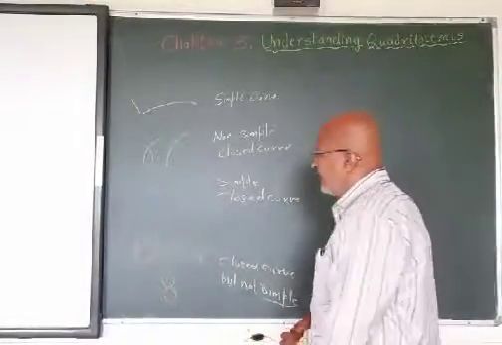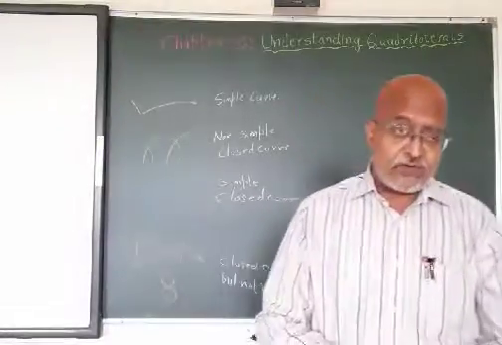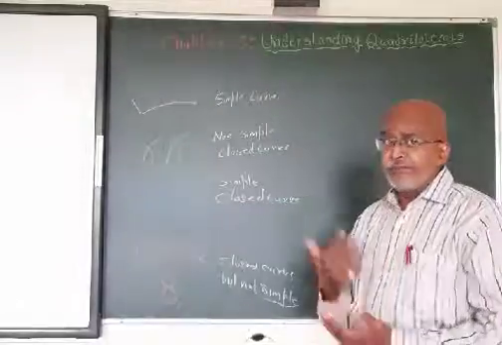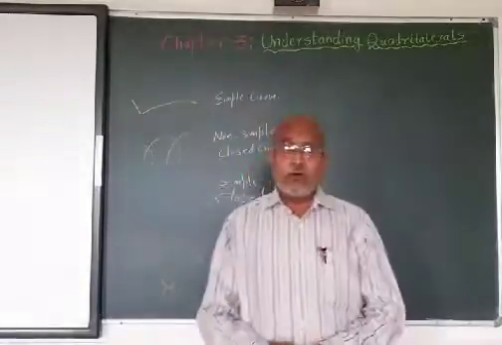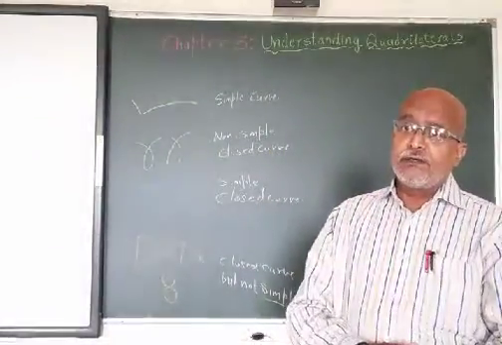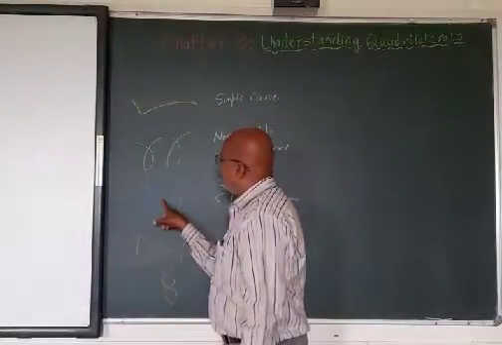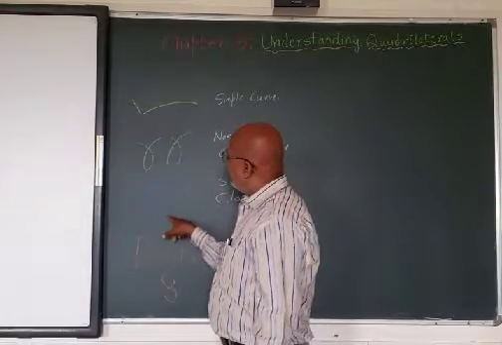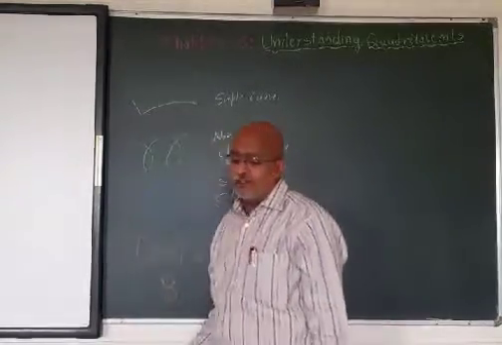And when n is infinity, we say it is a circle, because a circle is nothing but the combination of all. What is the definition of a circle? A circle is nothing but the combination of all equidistant points from a fixed point in a given plane.